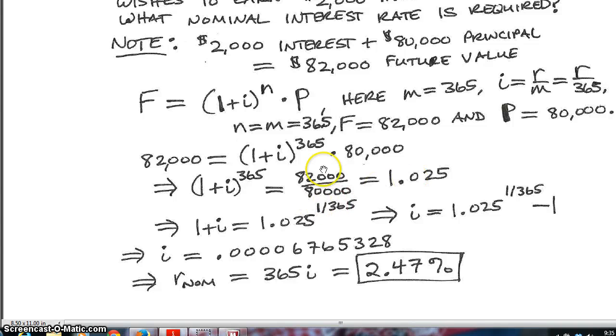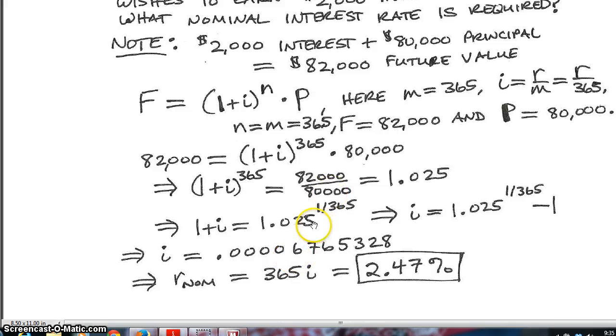This is very similar to how we were solving for i before in the previous problem. You raise both sides to the 1 over 365 power, subtract 1, and get this very small number close to 0.00006765328. On my calculator, I got 6.76 with scientific notation, e to the minus 5.